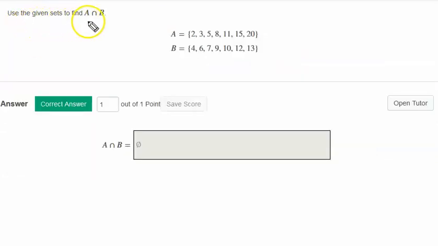And in this example, you need to be aware of what they are asking. Set A intersecting with set B. So you look through the items in roster notation and see if there are any that are in common to them.